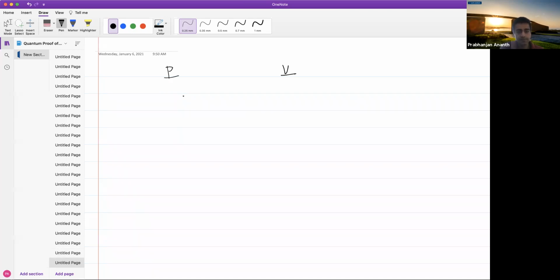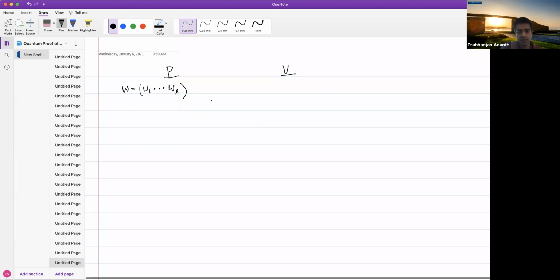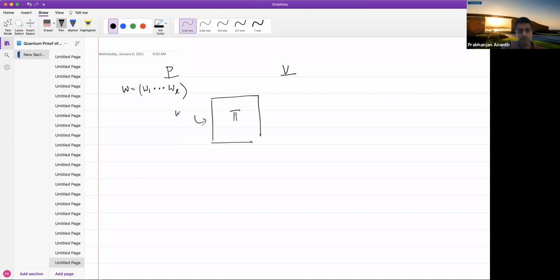So we handle both of these points as follows. The prover receives as input the witness W, which can be broken down into W1 to WL. And then for each of the bits of the witness, it's going to run this whole protocol, right? So let me call this pi. So it's going to run this whole protocol pi for W1, and it's going to run the whole protocol pi for WL.